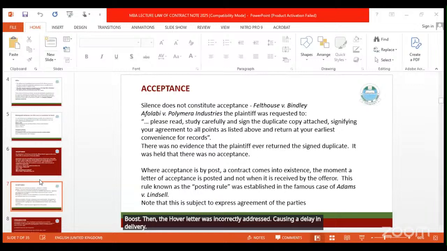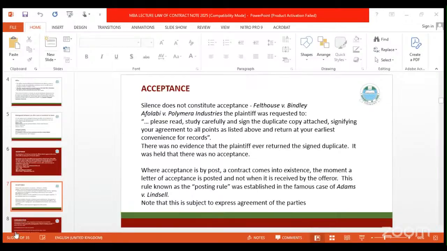Then Adams posted his acceptance the same day he received the offer. By the time Lindsay received Adams' acceptance, he had already sold the wool to someone else. Then the court ruled that a contract was formed when Adams posted his acceptance, even though Lindsay hadn't received it yet.